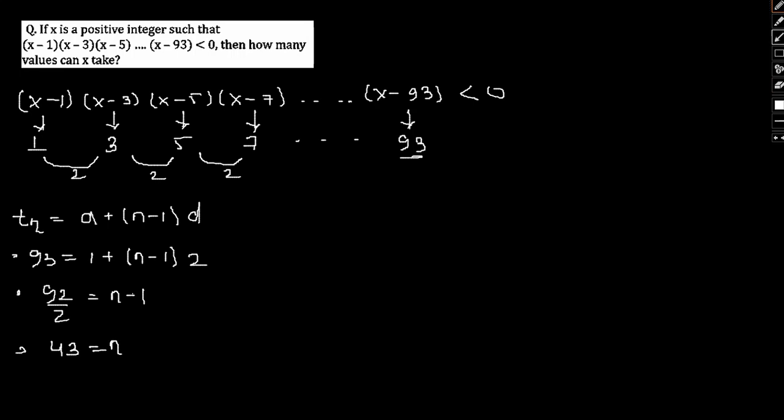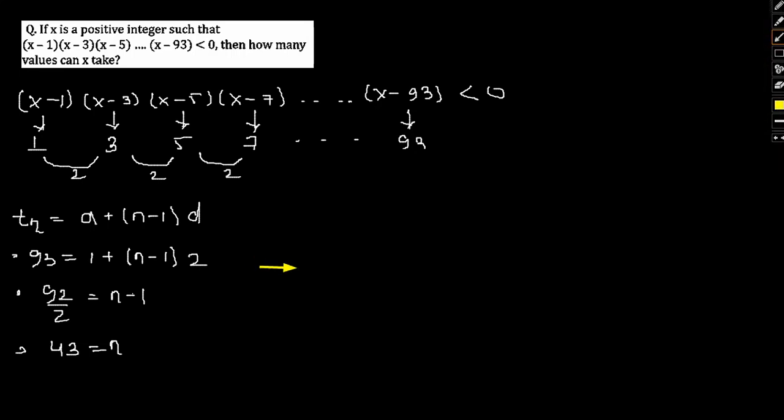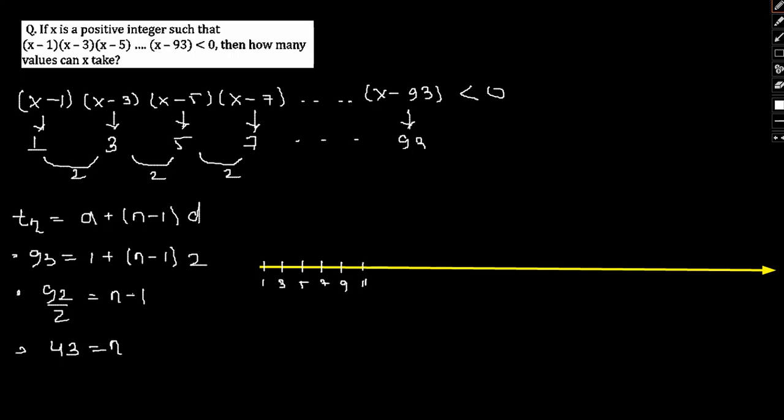Now let me just draw up a number line. This is my number line, and I'll mark the critical points: 1, 3, 5, 7, 9, 11.